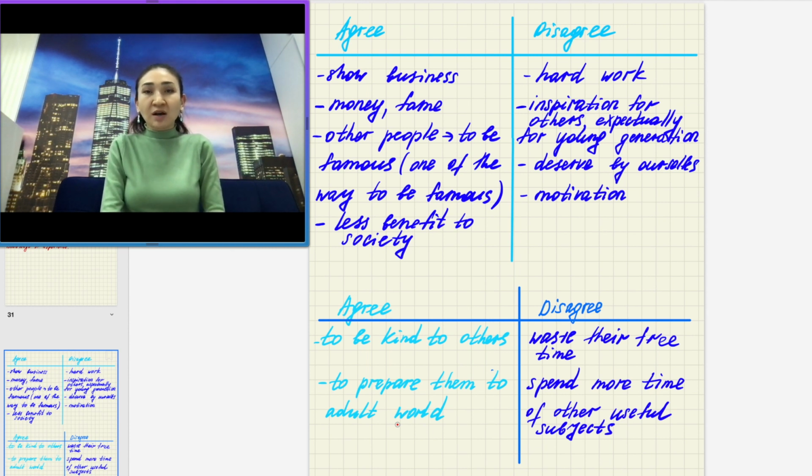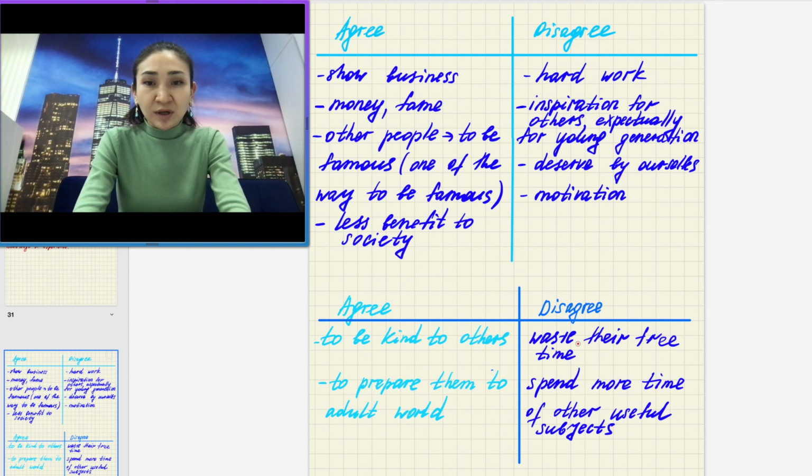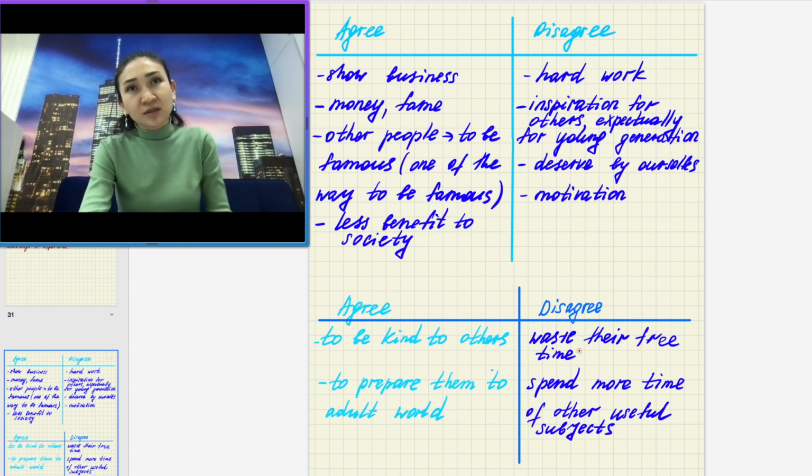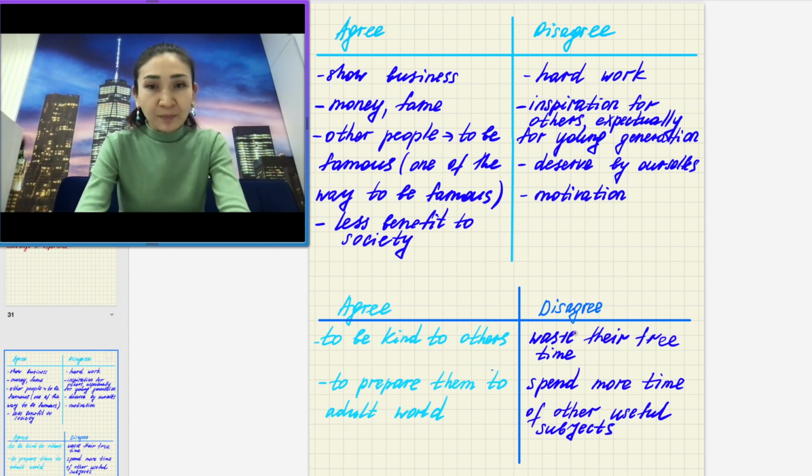They have to come on time to the flights. They have to be very punctual. They have to come on time, do these exercises on time, all of these kind of things. And another thing is disagree, because some people think that they are wasting their free time, and could spend more time on other useful subjects. They could do that instead of doing sports, let's say.